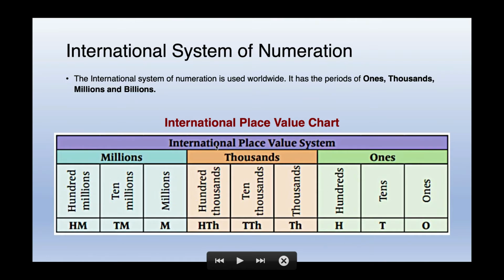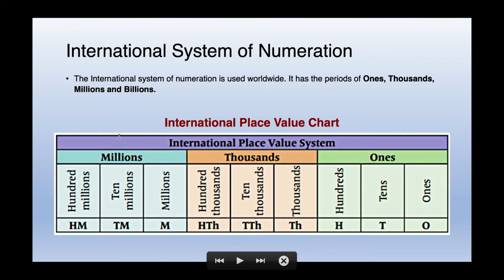Then we have the thousands period, but over here instead of 2 places which were there in the Indian place value chart, we have 3 places. In the thousands period we have thousands place, 10,000s place and 100,000s place. So this place is an addition in the international place value systems chart as compared to the Indian place value systems chart.